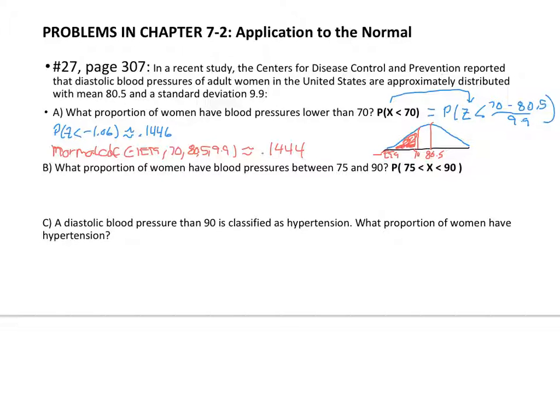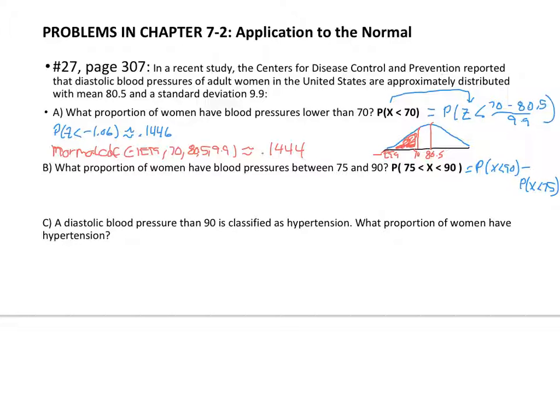We will let this equal the probability that x is less than 90 minus the probability that x is less than 75. The reason we do that is we have to break it up into two pieces because it's an interval.